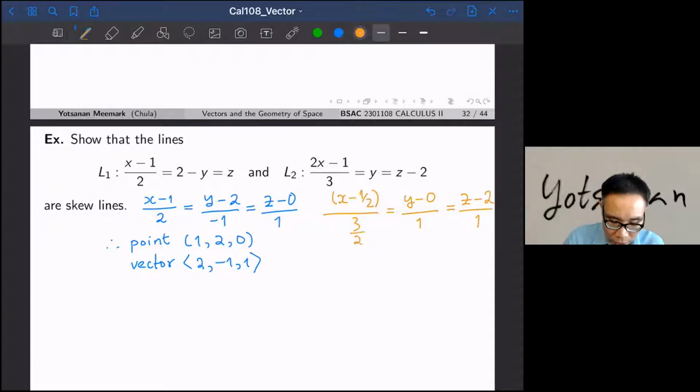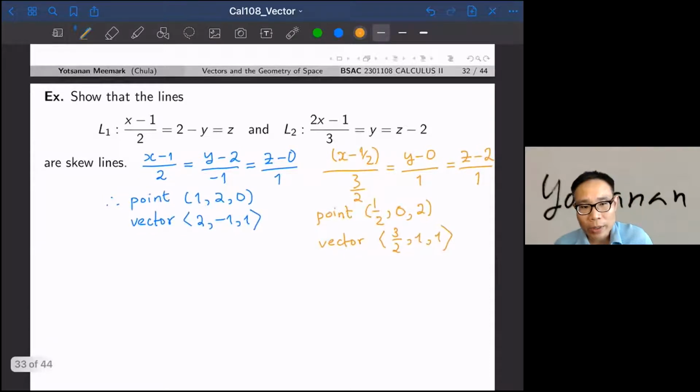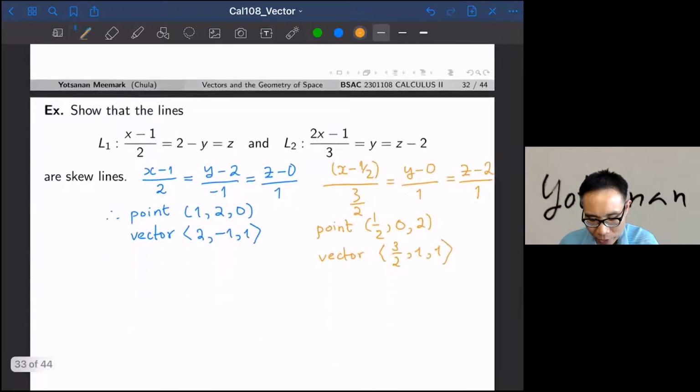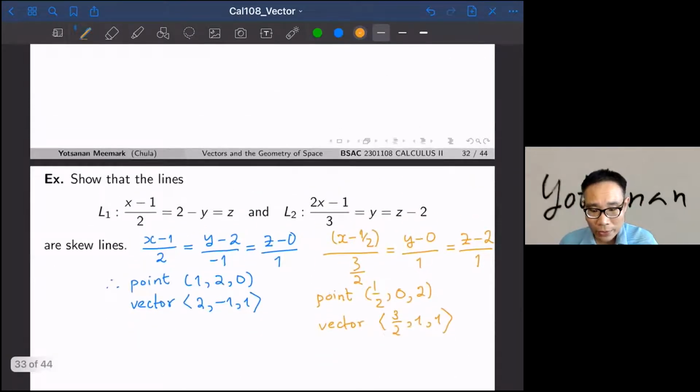So you would get the point (1/2, 0, 2), and the vector turns out to be (3/2, 1, 1). That will be the point and vector that come from the parametric equation and the symmetric equation.